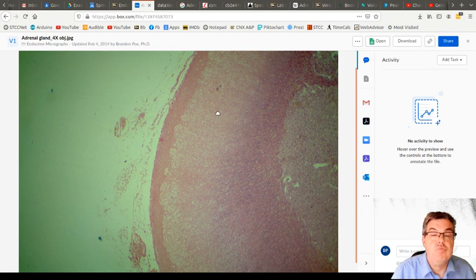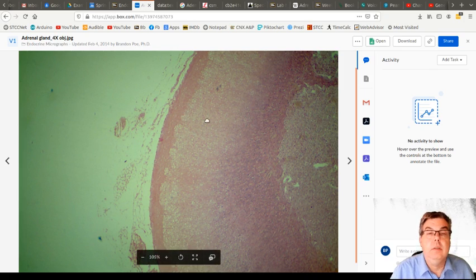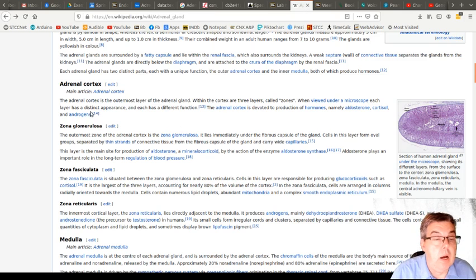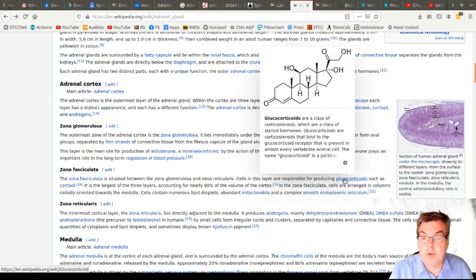Okay. Then the next part here, the lighter area, is the zona fasciculata, which is responsible for making glucocorticoids, which again are steroid hormones, but these are ones that influence the glucose metabolism pathways.